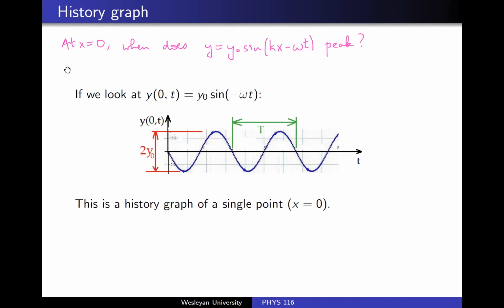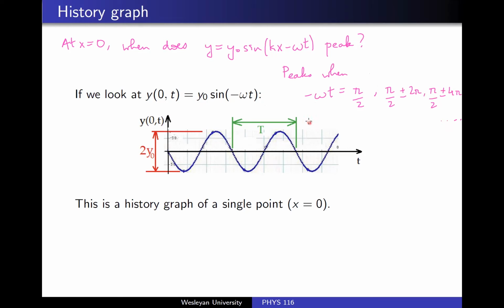Similarly, instead of holding time constant, we can hold our position constant and ask when at that position do we see peaks of the wave function. If we look at x equals 0, our function simplifies to y naught times sine of minus omega t. This is what we see if we plot y as a function of time at a given position.